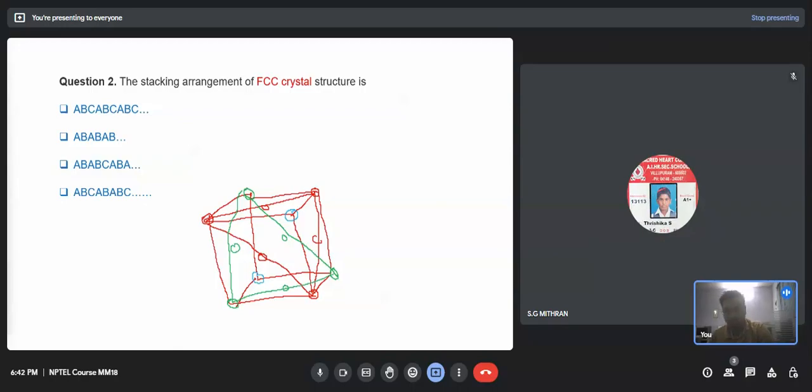So what are you understanding here? In the FCC crystal, three layers are here.